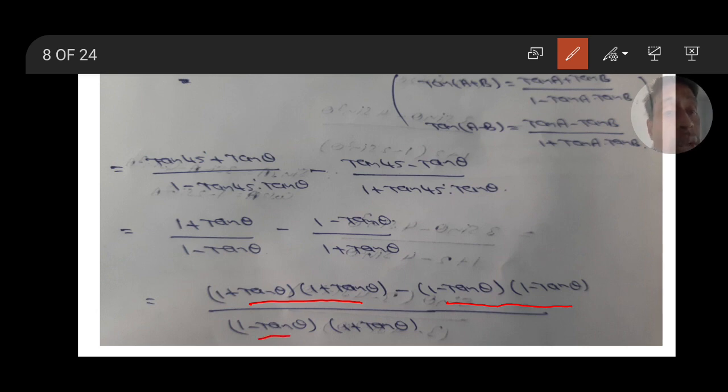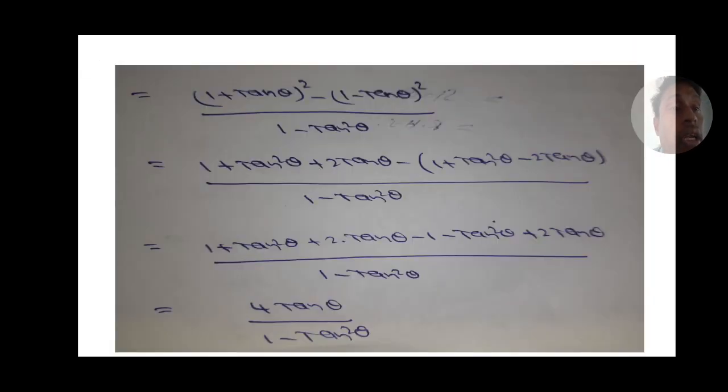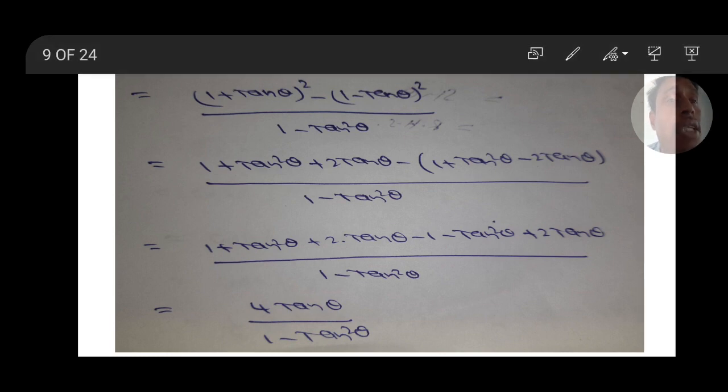Here, 1 minus tan theta into 1 plus tan theta is a minus b into a plus b, a square minus b square, that is 1 minus tan square theta. Okay, simplification. (1 plus tan theta) whole square is a plus b whole square: a square, 1 square means 1, b square tan square theta, plus 2ab, 2 into tan theta.